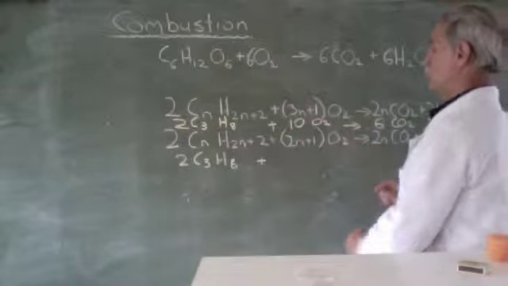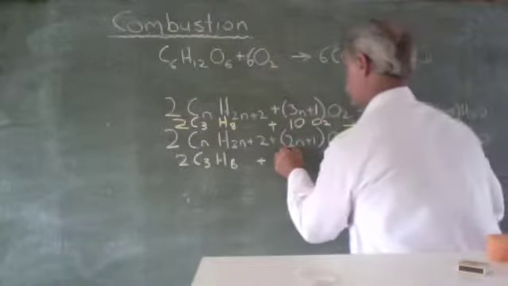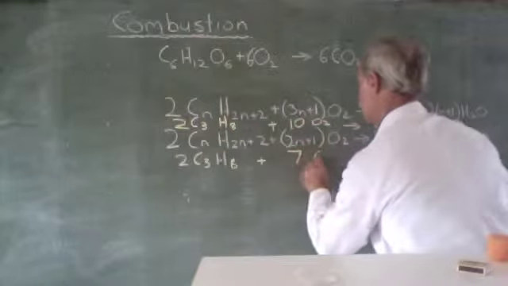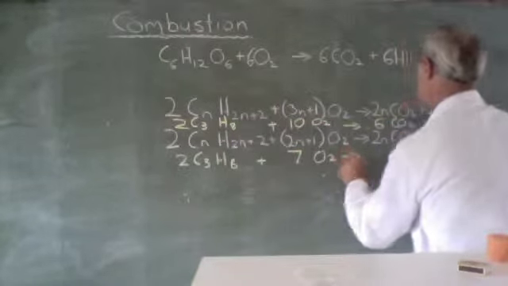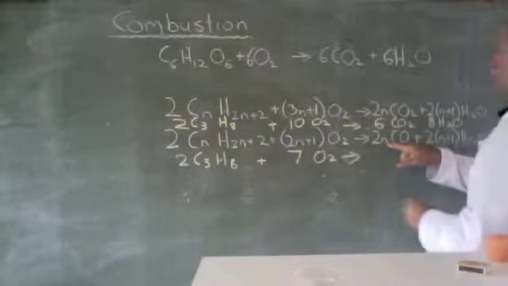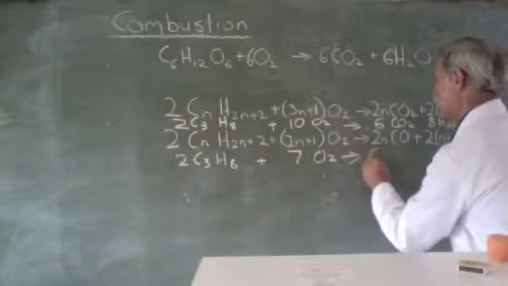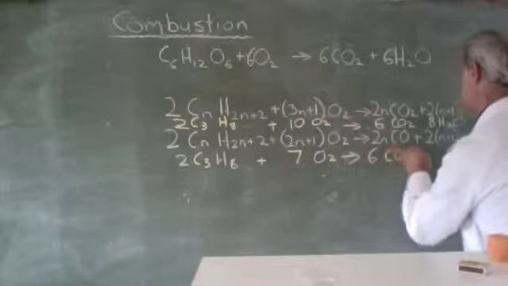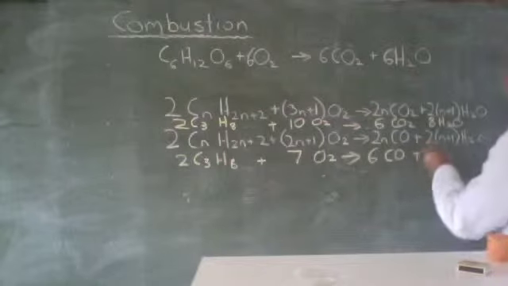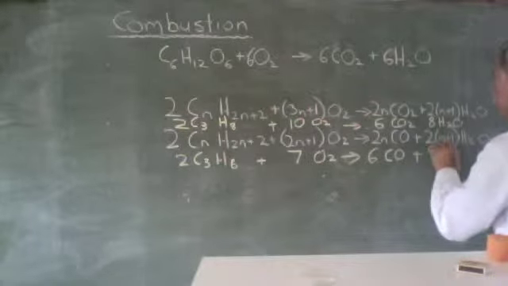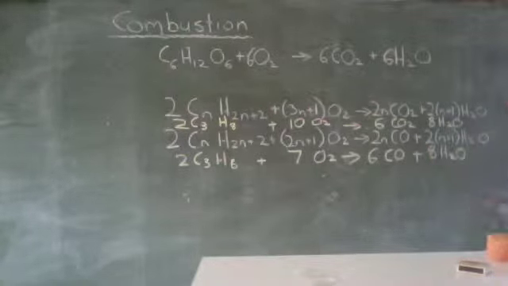So that's 2 3s are 6 and 1 is 7 oxygens instead of our 10, goes to form 2 times 3 is 6 carbon monoxides plus the same number, 8 water molecules.